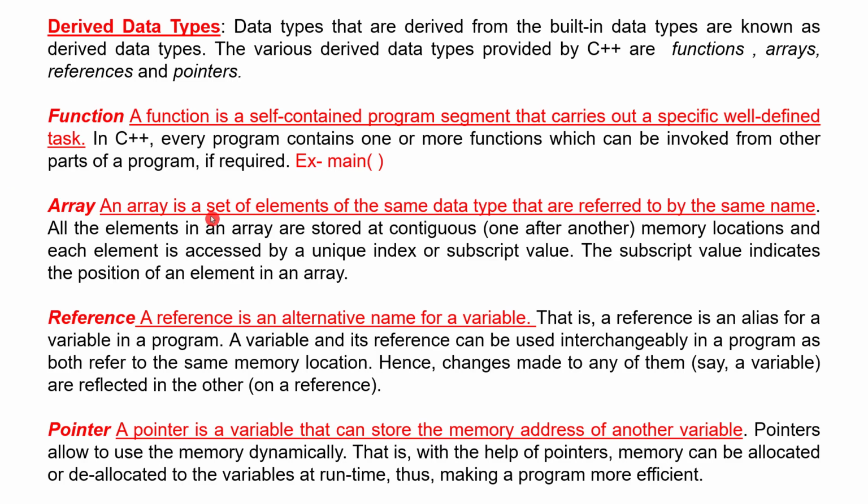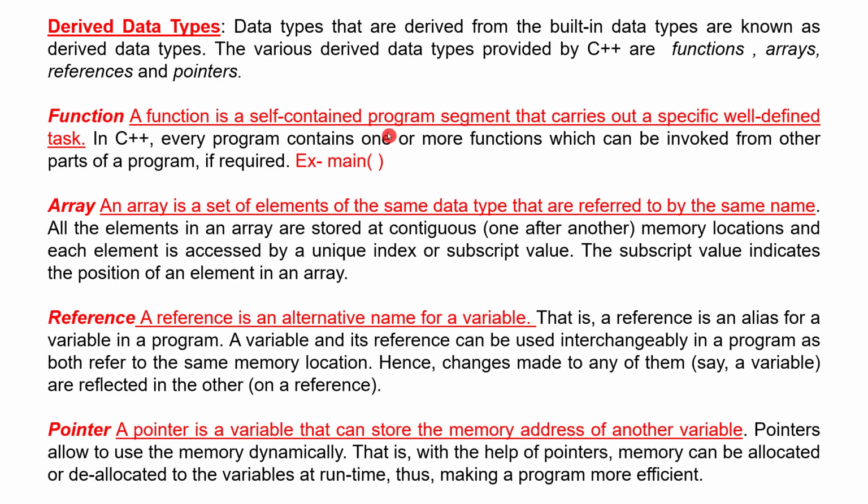So basically the function means you have a big program with a particular objective. You will have many small programs inside the main program. This type of correlation between the small individual programs to meet a defined task as a whole program is called a function.